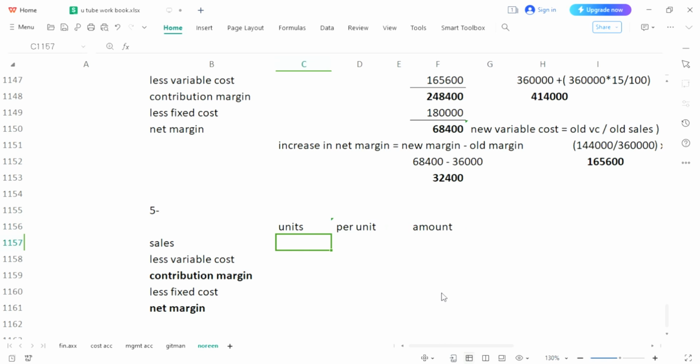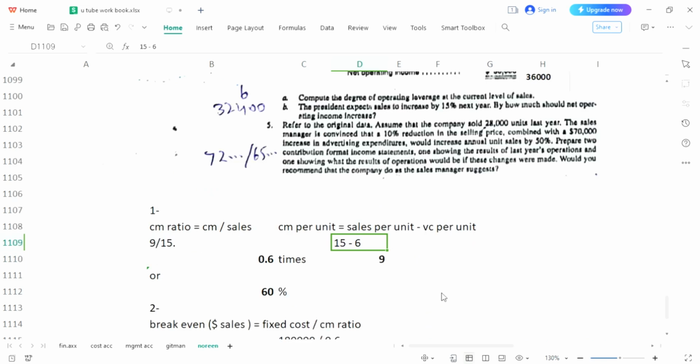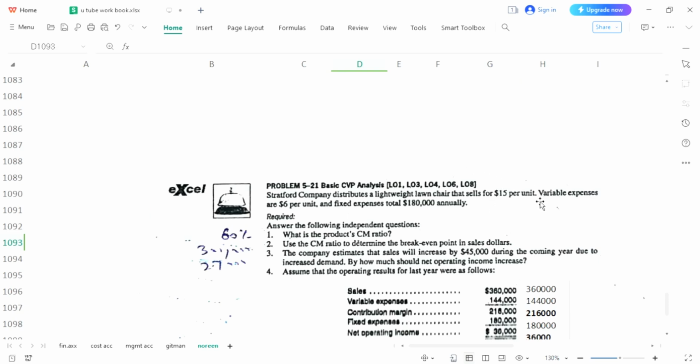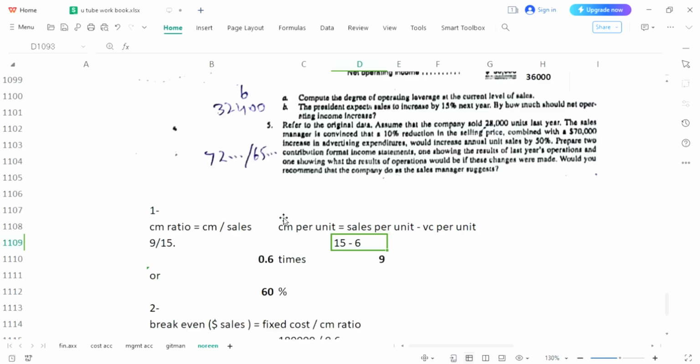Units were mentioned as 28,000, and units for sales and variable costs would always be similar. So 28,000 units would also be used for variable cost. We have to follow the original data. Look here what has been said: refer to the original data. So we will go up and see the sale price is 15 and variable cost is 6.